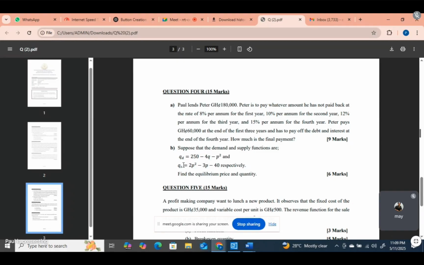Peter pays 60,000 at the end of the first 3 years and has to pay off the debt and interest at the end of the fourth year. How much is his final payment?